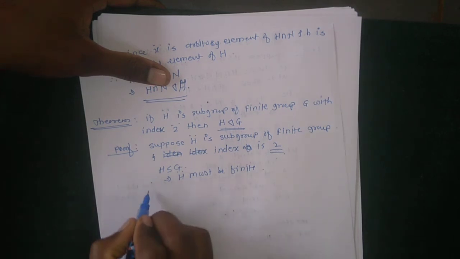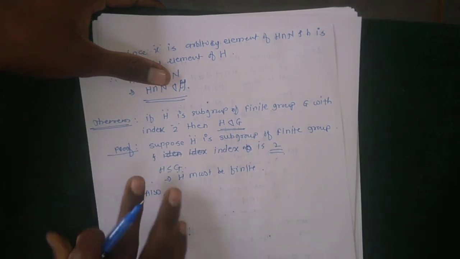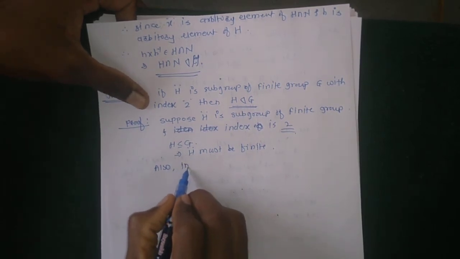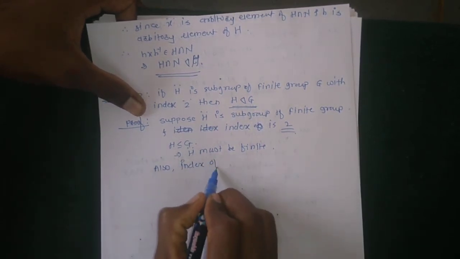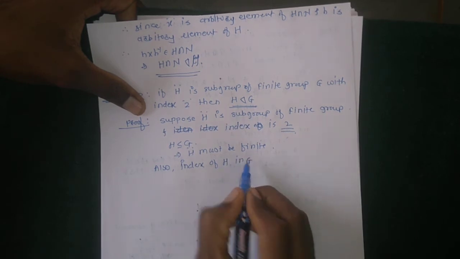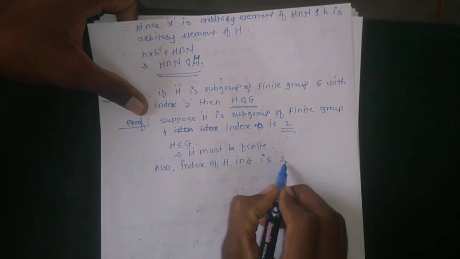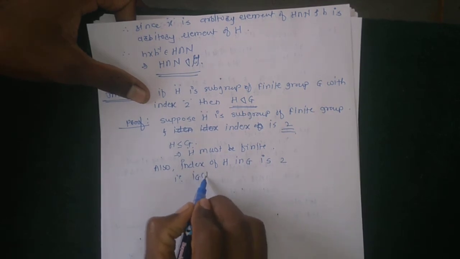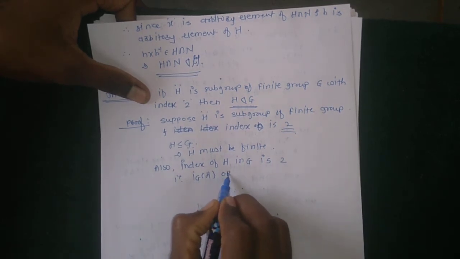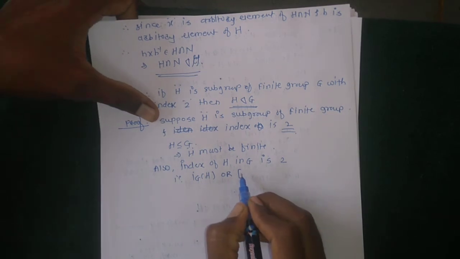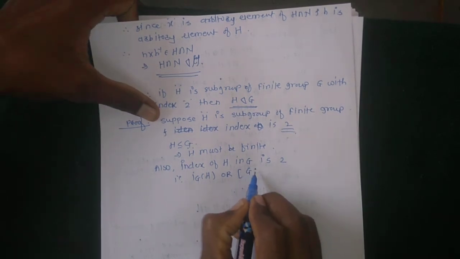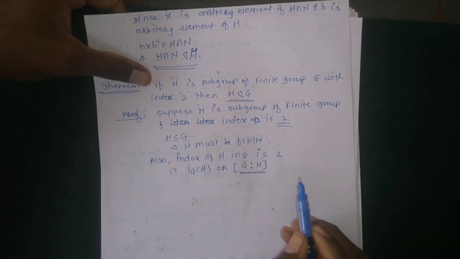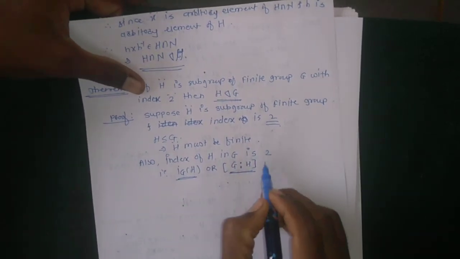Also, the index of H in G is 2. The index can be written as i_G(H), or with this notation, G over H, G double dot H. These two notations of index are equal to 2.